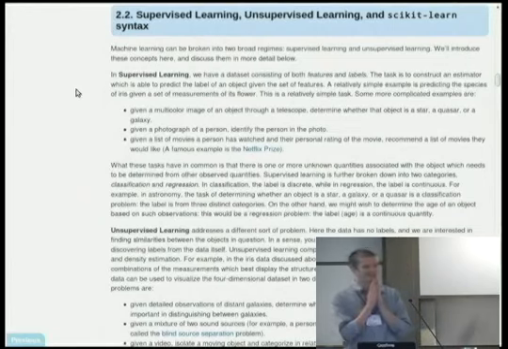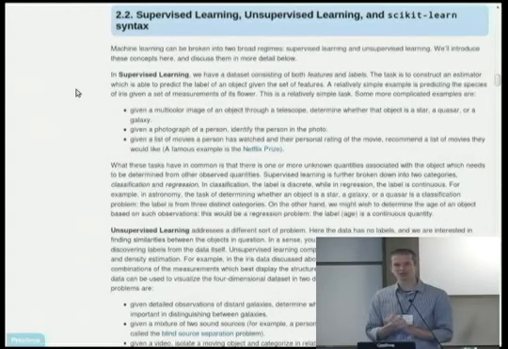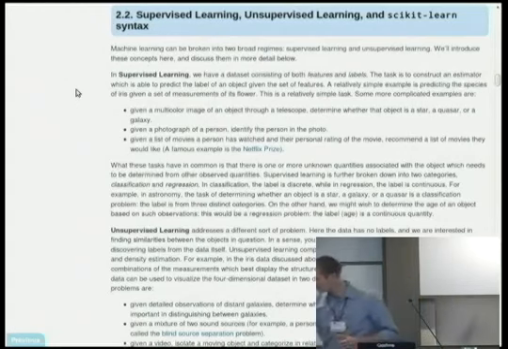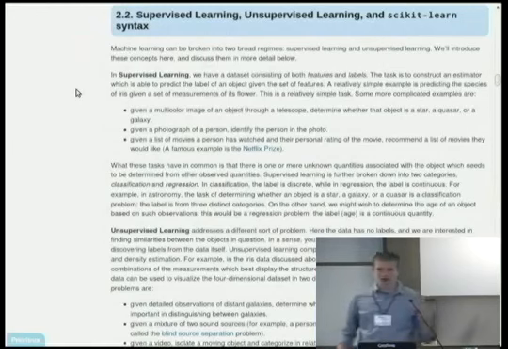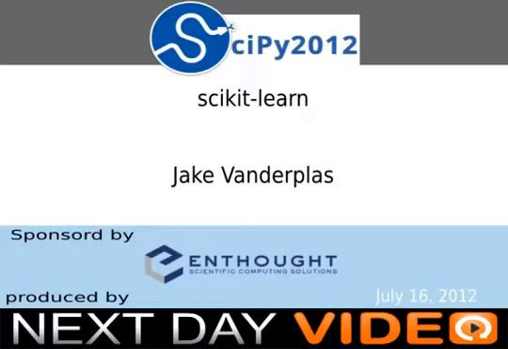Supervised learning is the case where you have a set of objects where you know the true value, you know the true label, and then you have another set of objects where you don't know the true label, and you want to figure out what the label is for that unknown set. So for example, with the digits we were looking at.